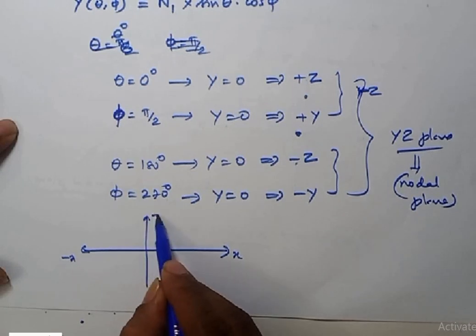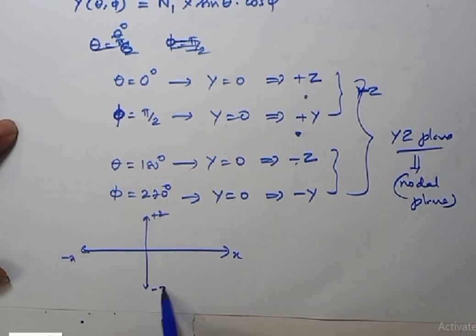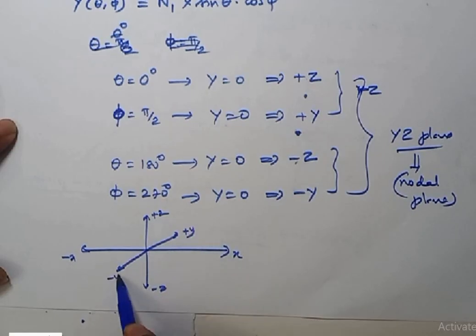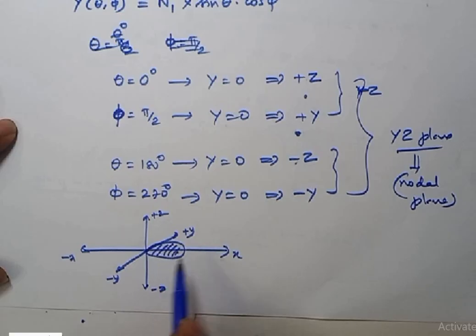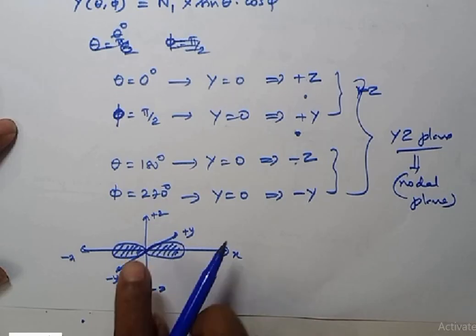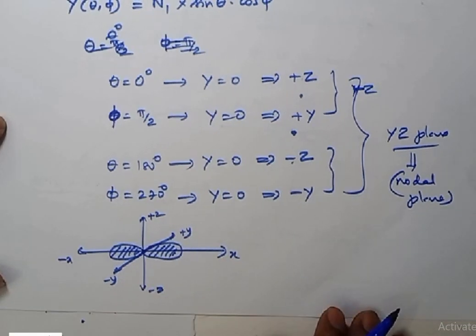This is plus z, this is minus z, this is plus y, and this is minus y. You will get a lobe along the plus x axis and another lobe along the minus x axis. And there is a nodal plane which passes through the y and z axes. So the yz plane is the nodal plane for px orbital.